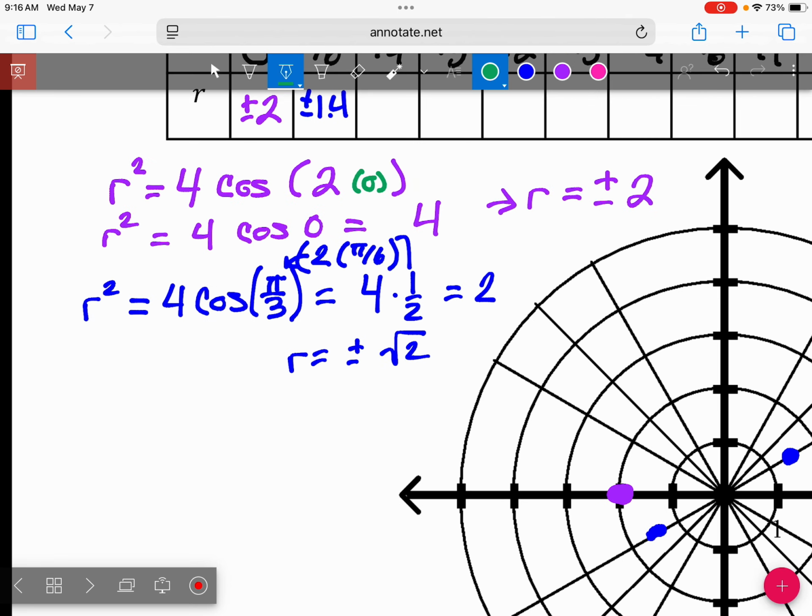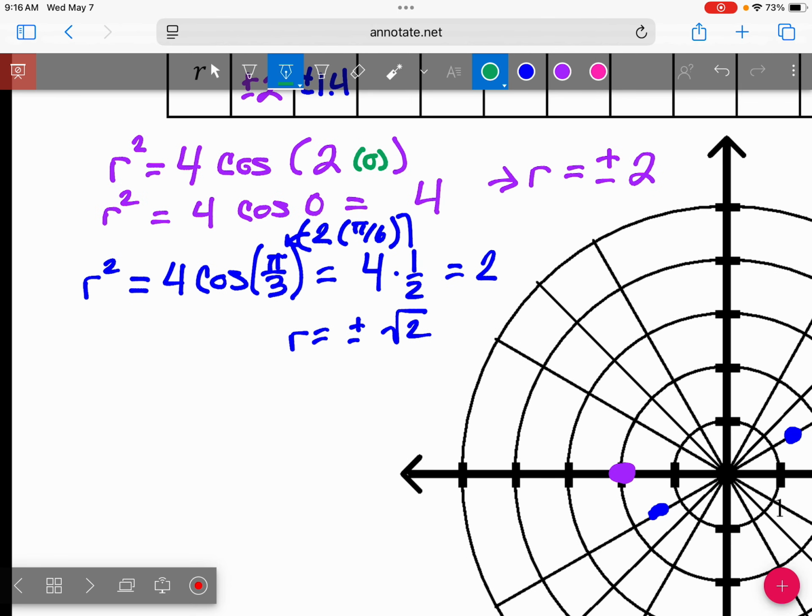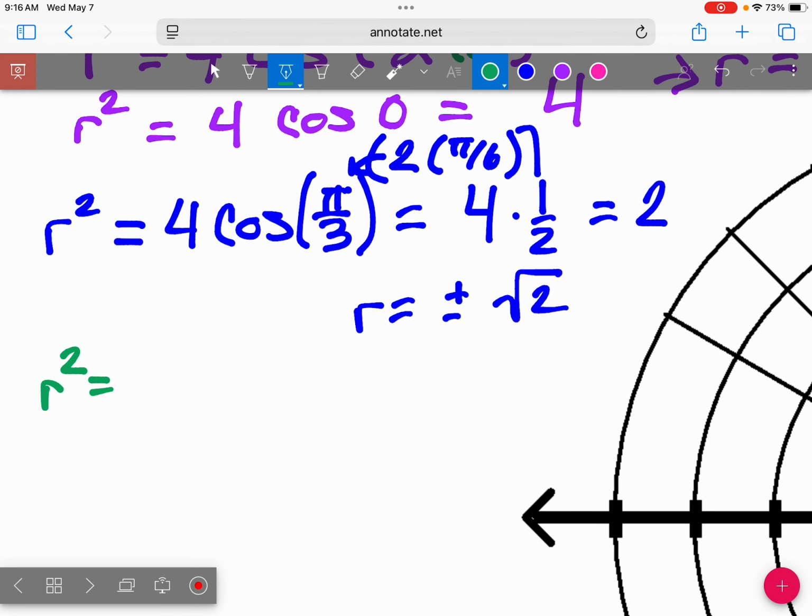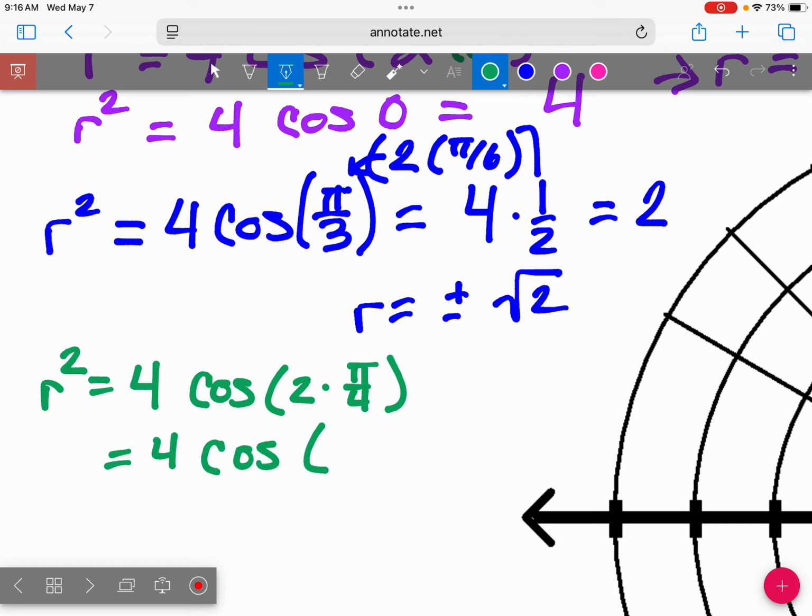So let's do another one. Let's do our pi over 4. So our r squared, I'll write out the full thing this time. Our 4 times cosine of 2 times pi over 4. That's the same thing as our 4 times cosine of pi over 2.